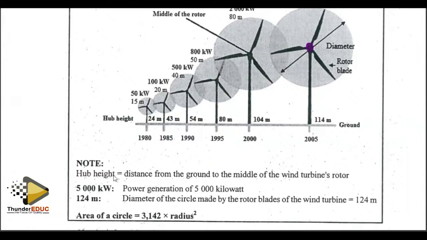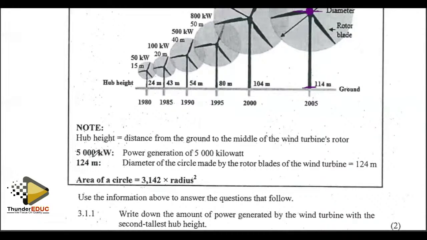For example, this one here, it's 114 from here to here. Then 5,000 kilowatts power generation has a 124 meters diameter of the circle made by the rotor blade of the wind turbine.